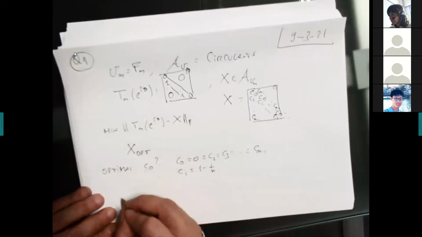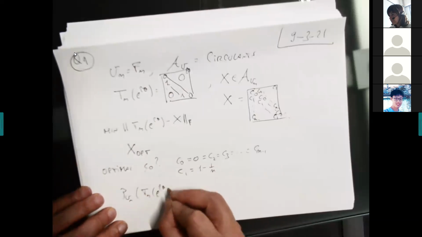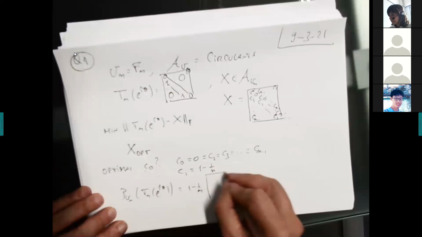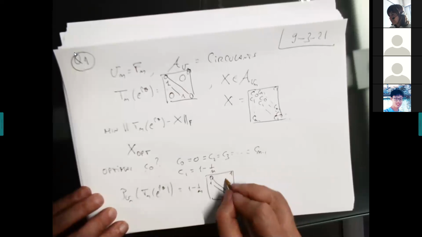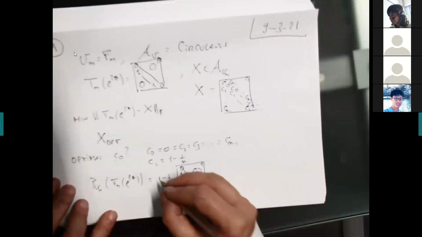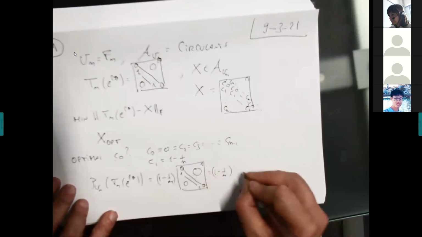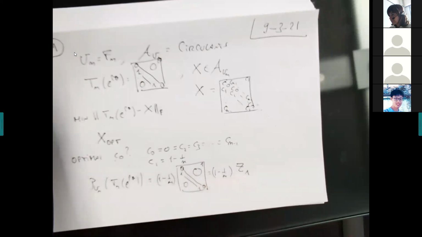So the optimal approximation of Tn of e to the I theta is 1 minus 1 over n that multiplies this matrix 0, 0, 1, 1, and since it should be circulant, it is like this. So it is 1 minus 1 over n times the matrix that we call Z1, the generator.